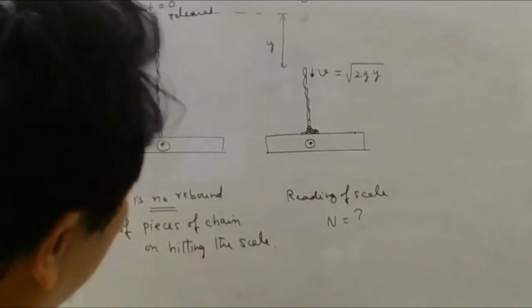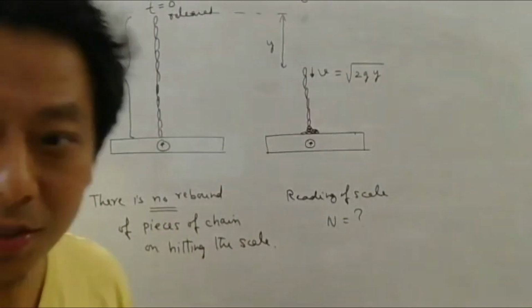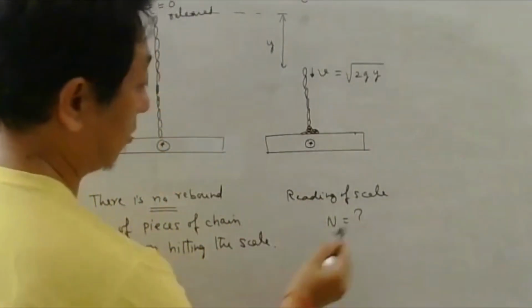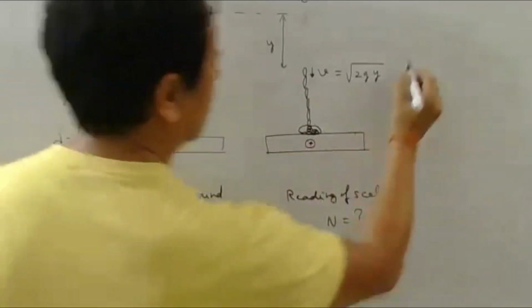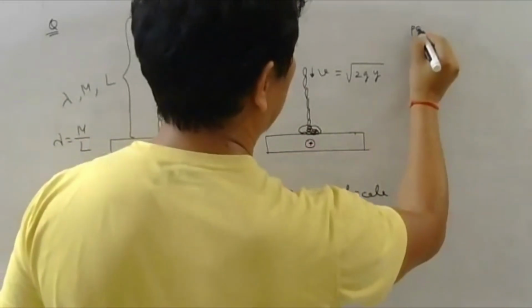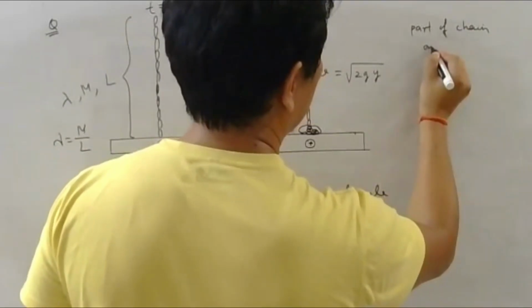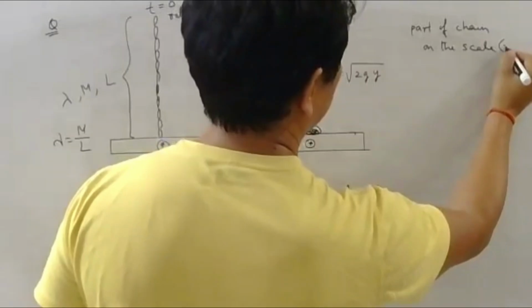Now let us choose the system, then we will draw forces, and then we will discuss the normal force. I'm going to choose as system the part of the chain on the scale, which is at rest.